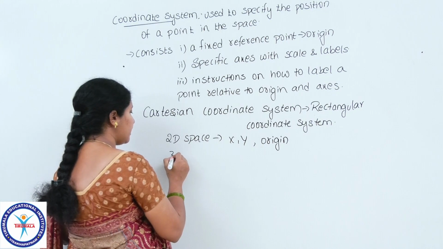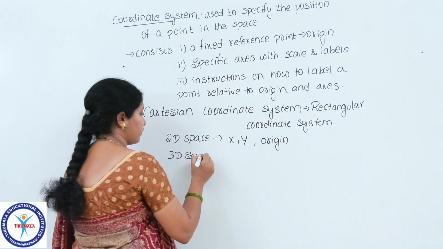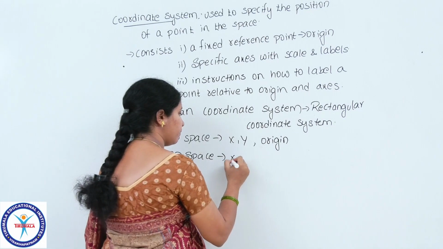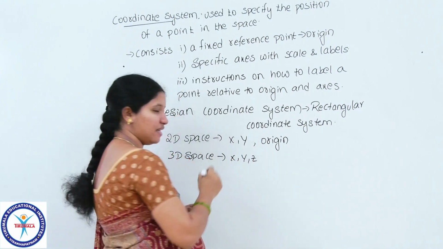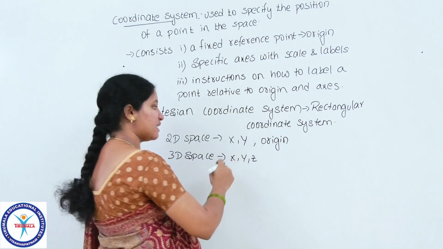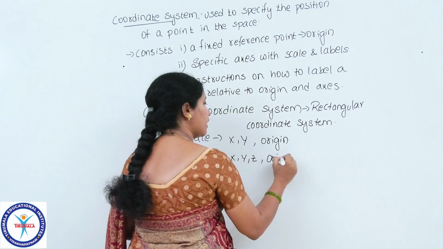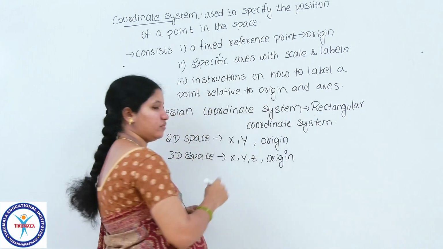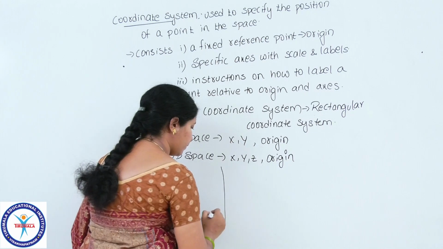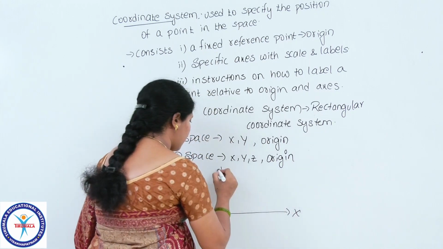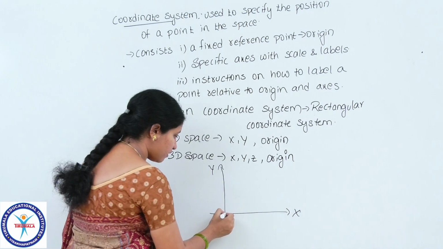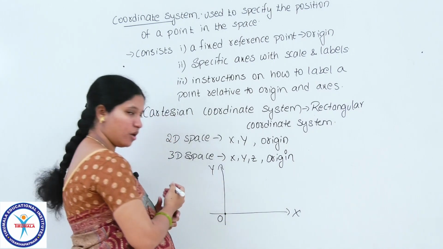If we consider 3D space, we will have 3 axes, namely x, y and z. The point of intersection of these 3 axes is known as origin. Suppose we want to represent in 2D, we have x and y axis, and the point of intersection is known as origin.